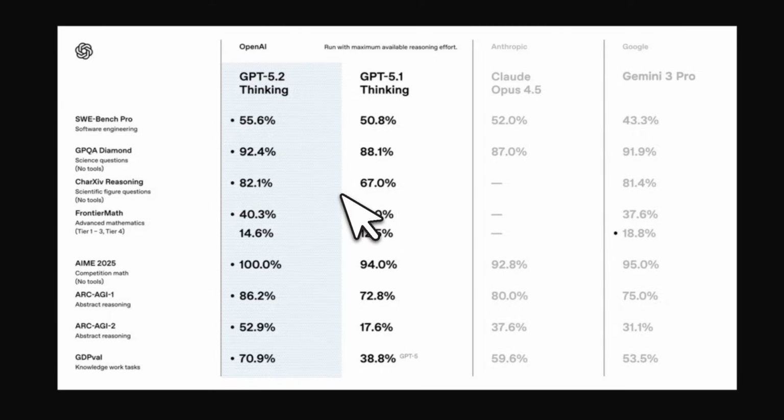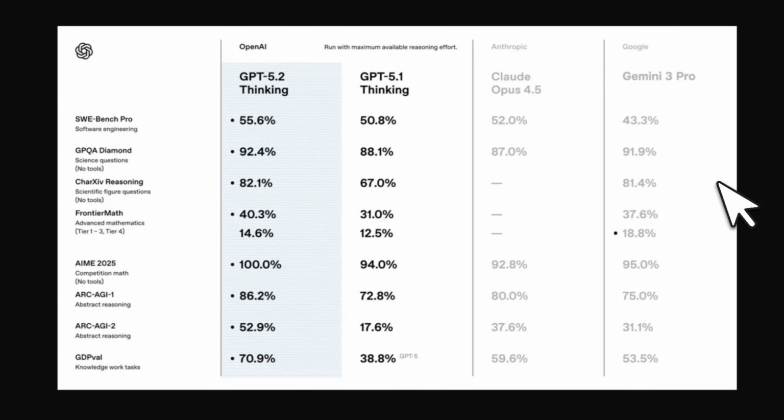Okay, so at the end, I think it's worth a look at the benchmarks again, because it tells you that most of these benchmarks are pretty much saturated at this point. And these model providers are really competing for 1 point, half a point, or 2 points improvement in some cases.